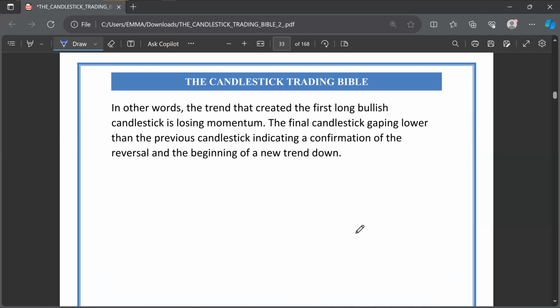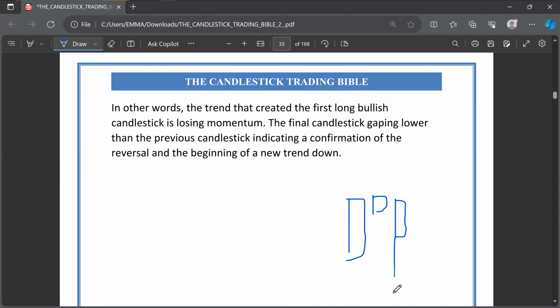the trend that created the first long bullish candlestick is losing momentum. The first one that created the trend is a bullish one. It's saying that it's losing its momentum to this one, and then to this one, this one, and then finally this one.